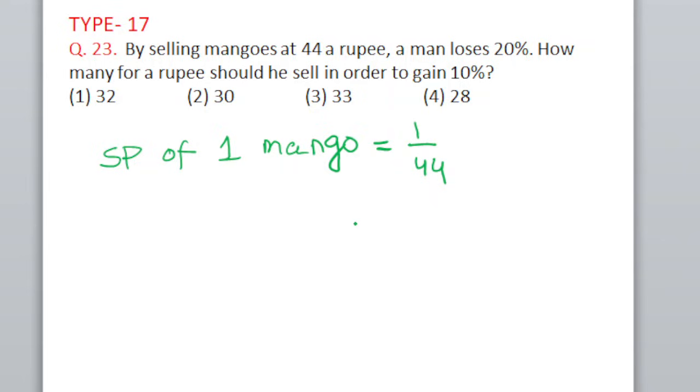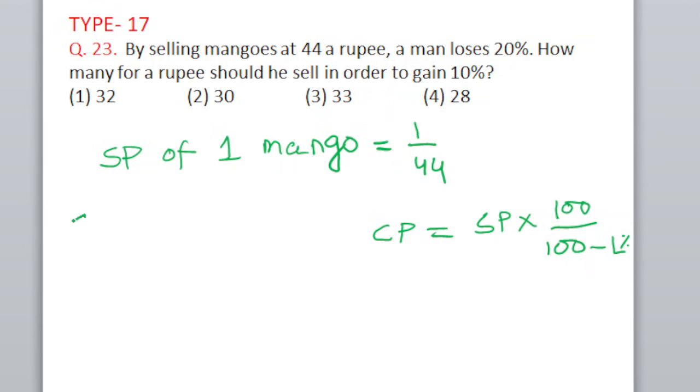To find cost price, earlier I have told one formula, that is CP is equal to SP into 100 by (100 minus loss percent). Here as it is given loss percent, so that's why I am telling this formula only.